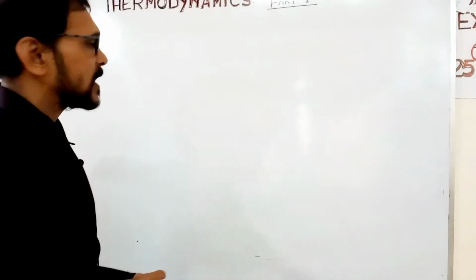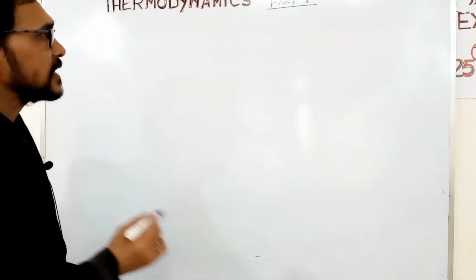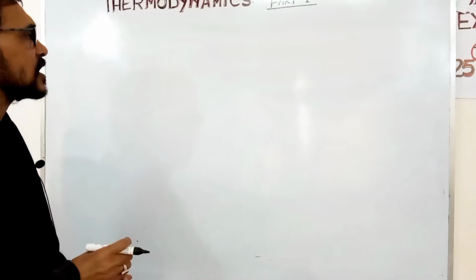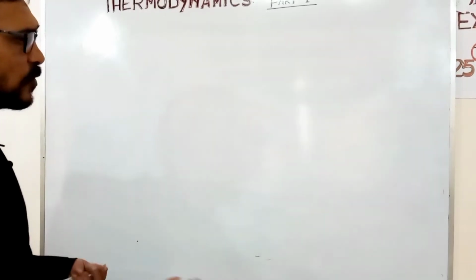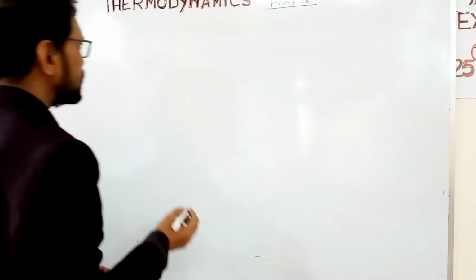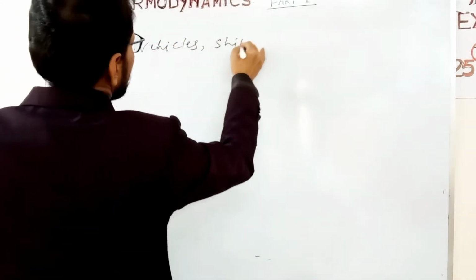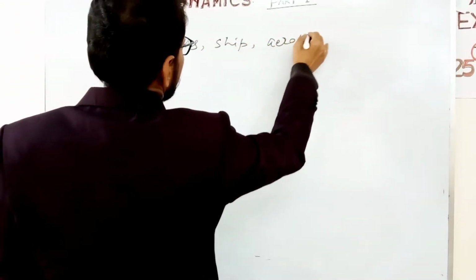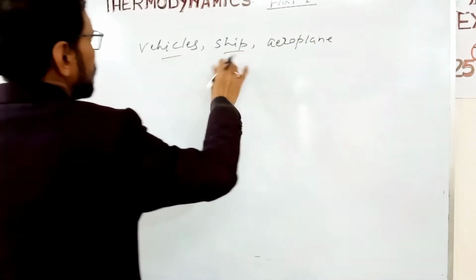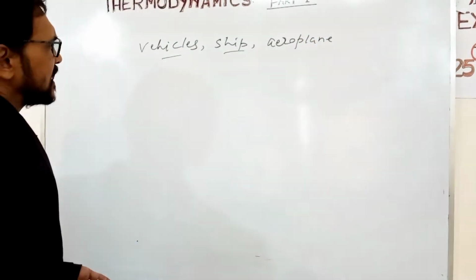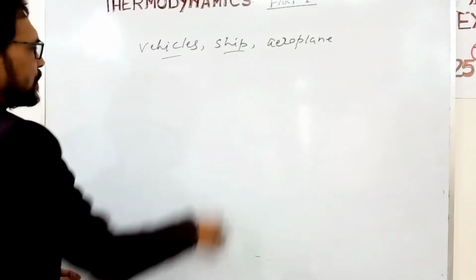Now why is the thermodynamics part so important? Because we create motion on earth. What type of motion do we watch? Every automobile engine, every vehicle, ship, aeroplane, every motion in sky, water and on land is created by heat.